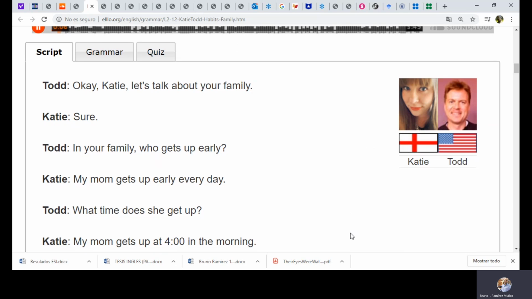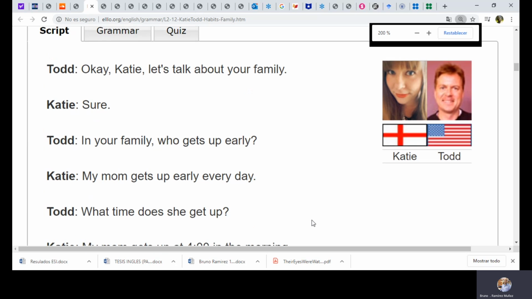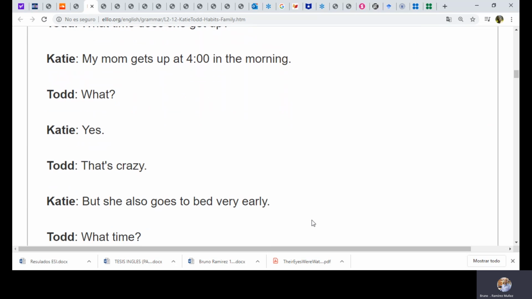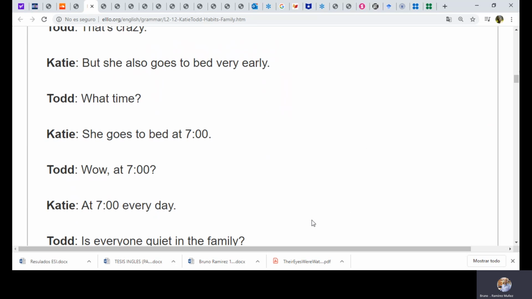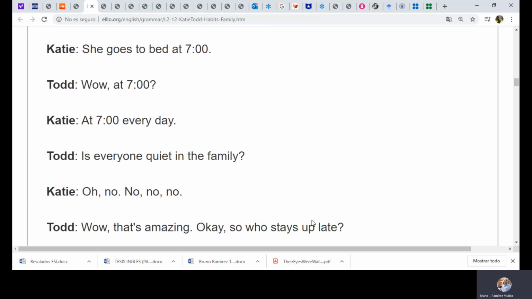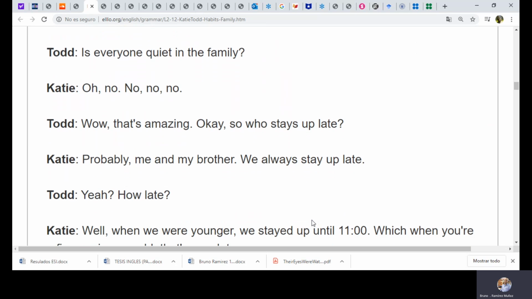In your family, who gets up early? My mom gets up early every day. What time does she get up? My mom gets up at 4 o'clock in the morning. That's crazy. But she also goes to bed very early. What time? She goes to bed at 7 o'clock. Wow, at 7? At 7 o'clock every day. Is everyone quiet in the family? Oh no. No. Wow, that's amazing.